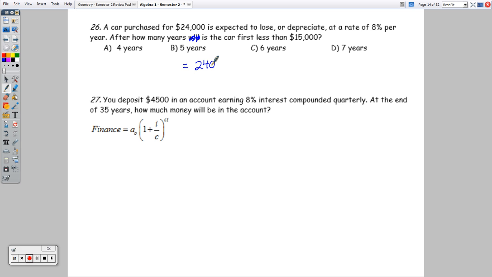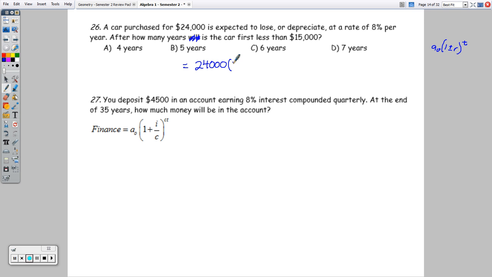You'd have your A0, the initial value in the front, and then times 1 plus or minus the ratio, the growth or decay rate, and then to the t power. We're not compounding here, so we don't have to divide by c and multiply by c.